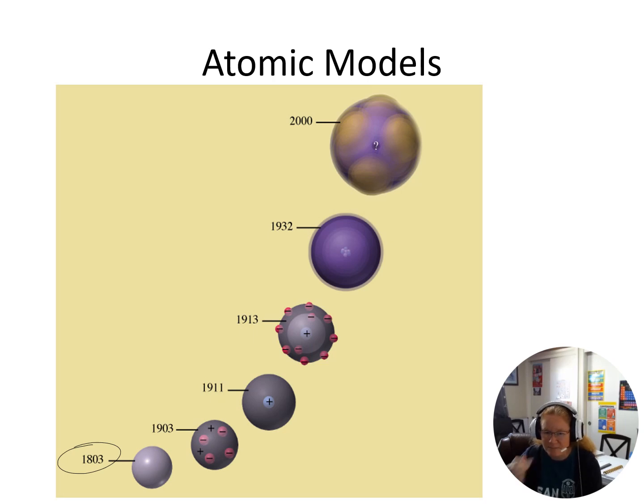And then, 100 years later, okay, now we've got positive and negative things. And then a few years after that, okay, now the positive stuff's in the center. And then we started figuring out how electrons behave around the nucleus. And then we've continued to discover more. So we've got some basic ideas of how this stuff works, but it actually is fairly complicated what happens inside of an atom and how everything moves around. And so we're actually still discovering. So as we do more work, we'll understand even more.